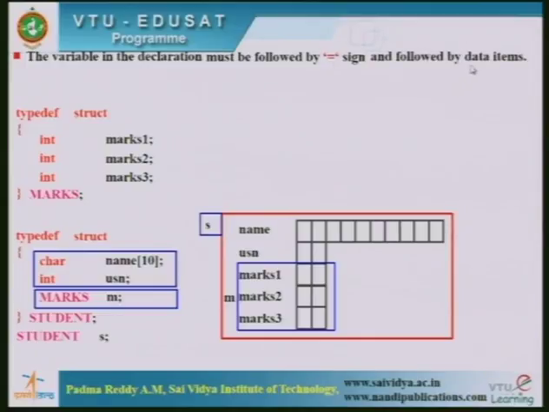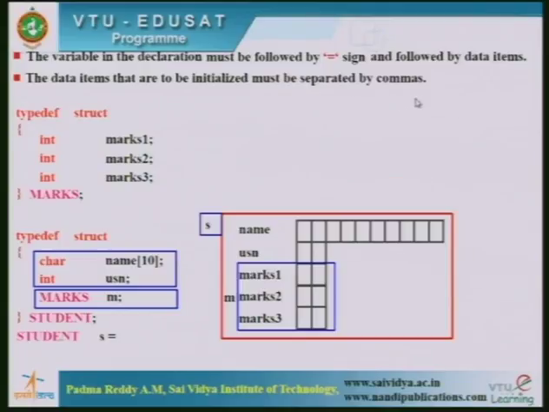Equal to sign and followed by data items. The data items that are to be initialized must be separated by commas. Now look here. Here I have a variable s. So s is equal to, first what you write? Ram. Okay, Ram will be copied to this location. Into this field what to copy? USN. So what you write? Say 100 is the USN.